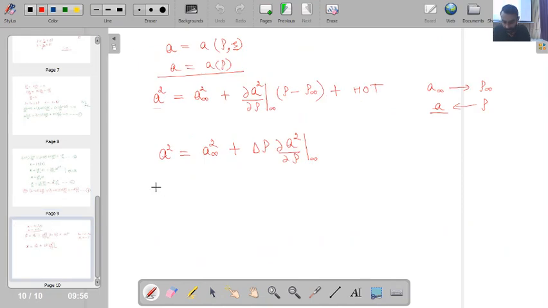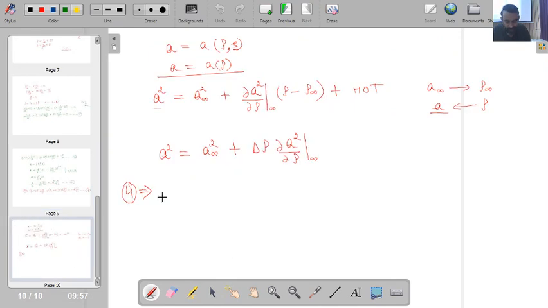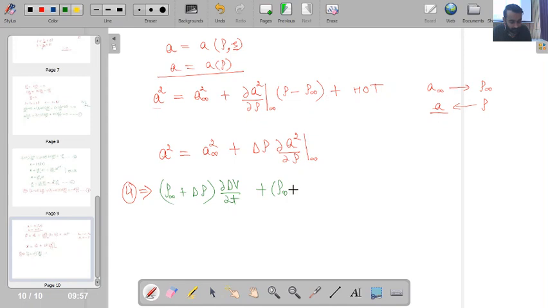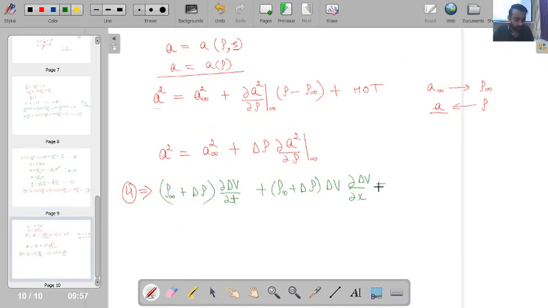Then my equation number 4 becomes: rho infinity plus delta rho, del v by del t, plus rho infinity plus delta rho into delta v into del by del x of delta v, equal to minus A square.